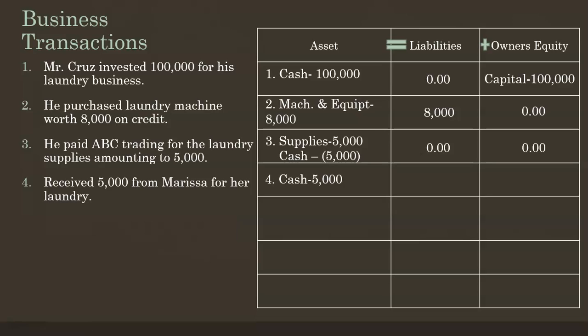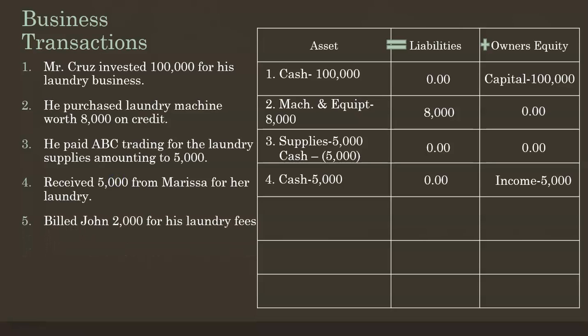So, his assets increased. And what is the contra account, or the credit account, of transaction number 4? Liabilities? No. Of course, income of 5,000 pesos. It is cash because according to transaction number 4, Mr. Cruz received 5,000.